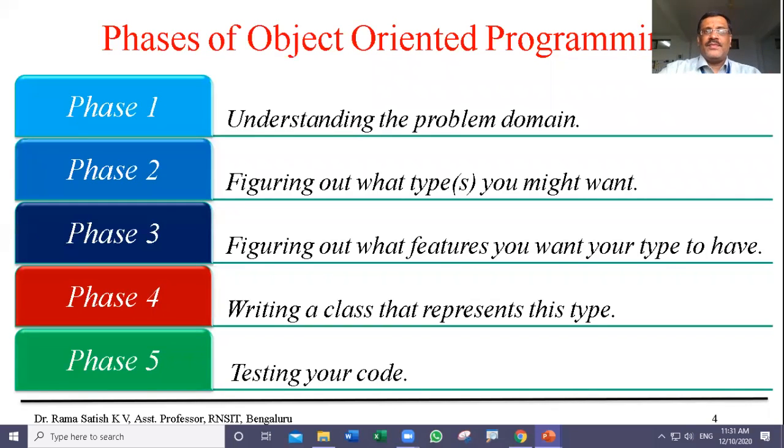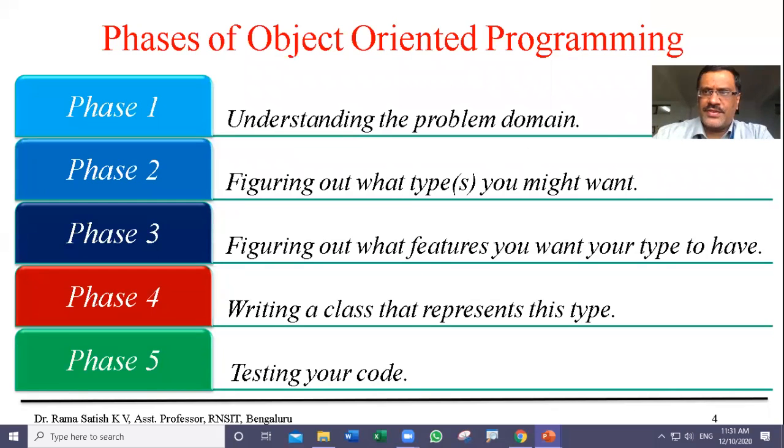So, different phases of object-oriented programming. The first phase is understanding the problem domain. And of course, this you know very well. Before solving any problem, you have to understand the problem very well.